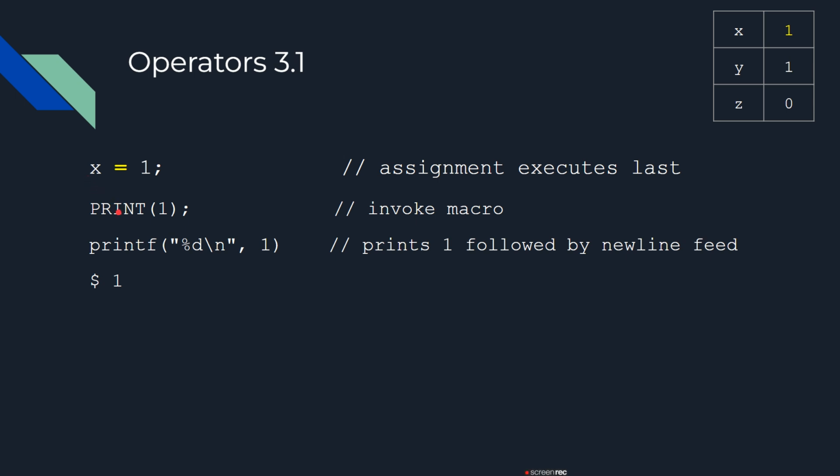And last but not least, invoke the parameterized macro print with the argument being 1. And once again, 1 will be used as the replacement for the int identifier. So therefore, we have 1 as the argument to the printf call. And last but not least, calling the printf call, we'll go ahead and print 1 followed by the newline character.